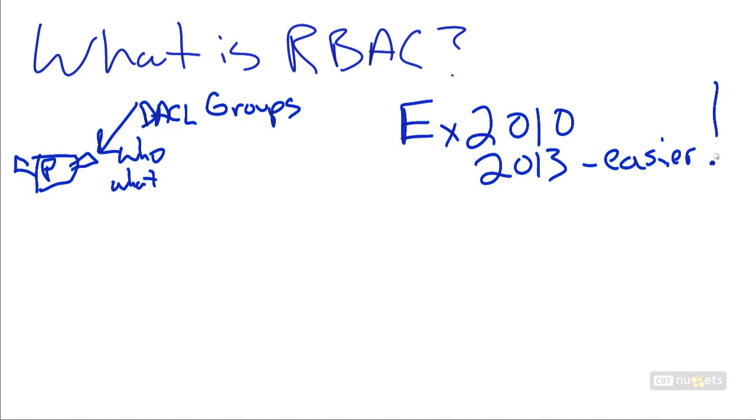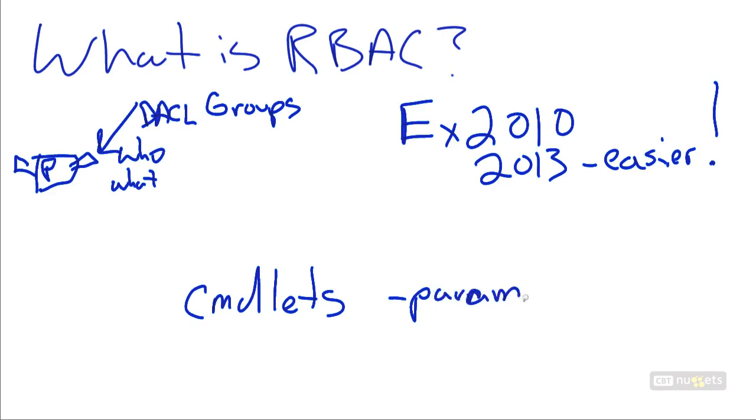Here's basically what it is. Everything in Exchange is managed with cmdlets. Everything's done using a cmdlet: verb-noun, and those cmdlets have parameters, dash whatever the parameters are. In a nutshell, here's what we're doing with RBAC.